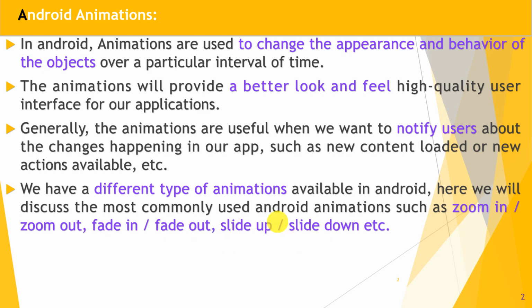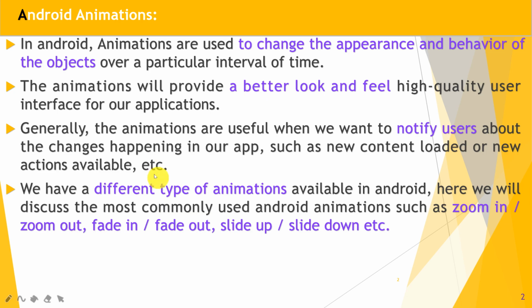So, guys, in Android animation, we change the appearance and behavior of the objects over a particular interval of time. What will animation provide? It provides a better look and feel.